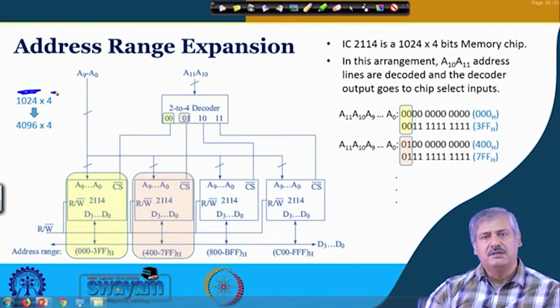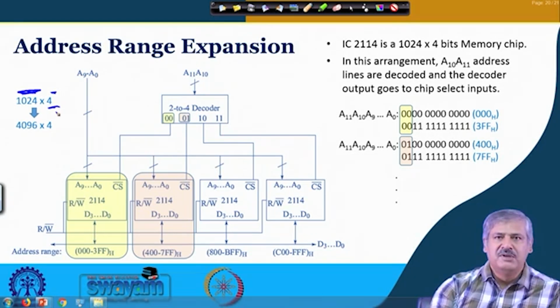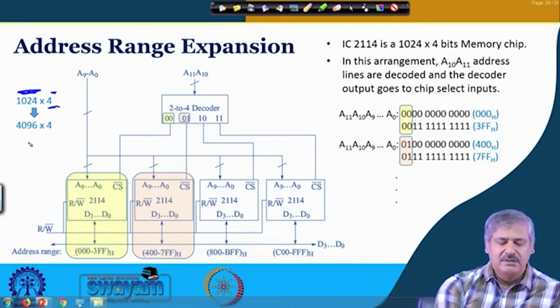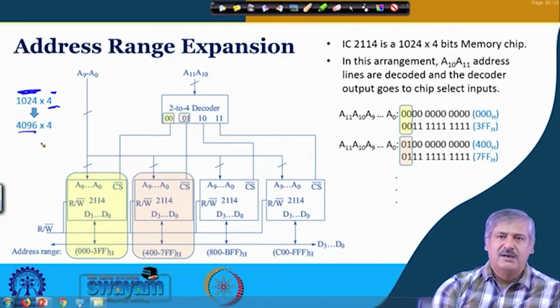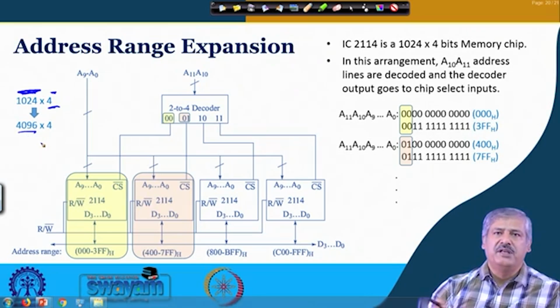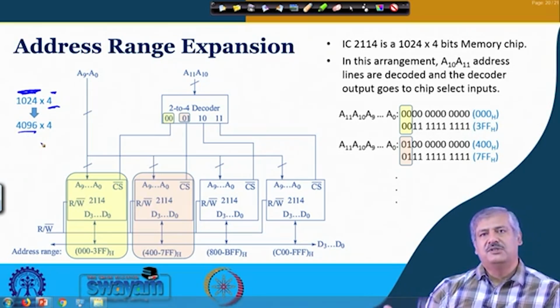So, a 4-bit word is there. When we talk about address range expansion, it remains 4 bits, but now we want 4096, 4K number of memory locations available for the designer.